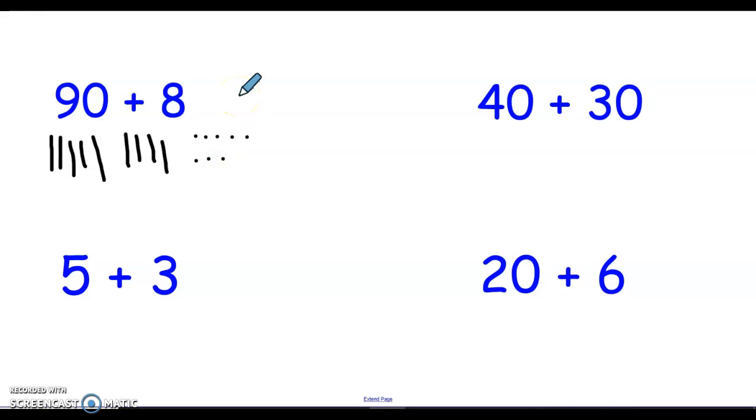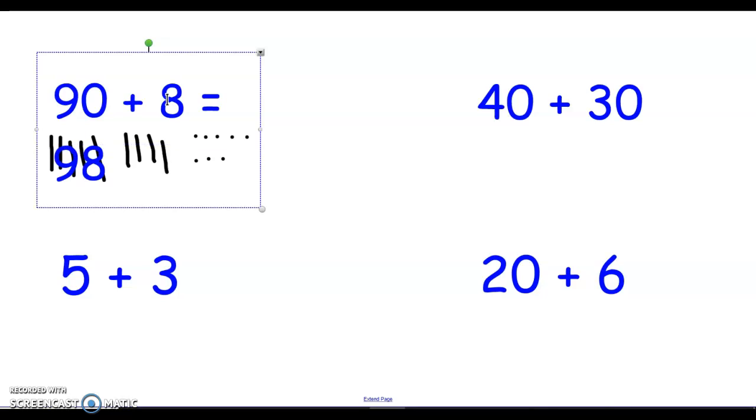Okay, and then we can count it out. 10, 20, 30, 40, 50, 60, 70, 80, 90, 91, 92, 93, 94, 95, 96, 97, 98. So we have 90 plus 8 equals 98. Okay?